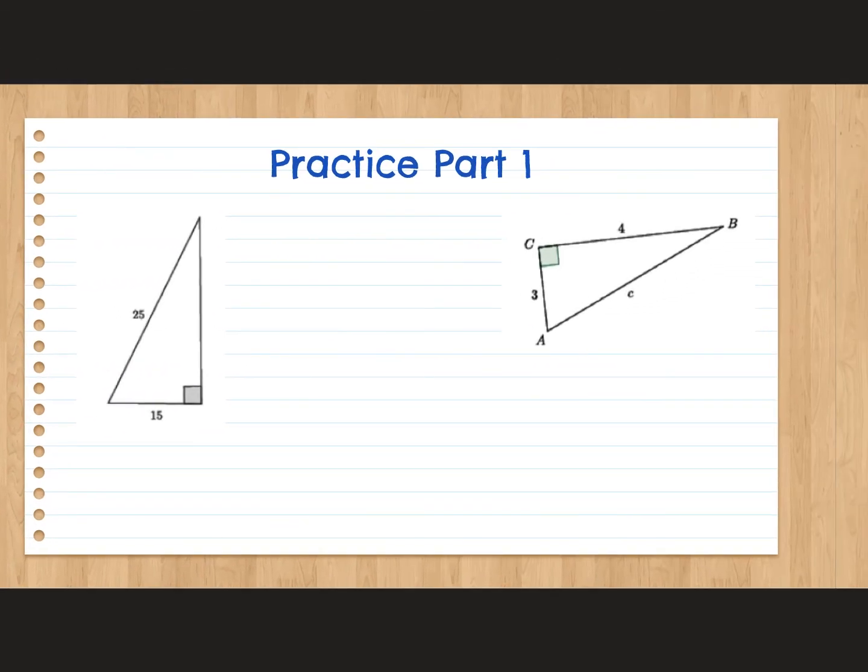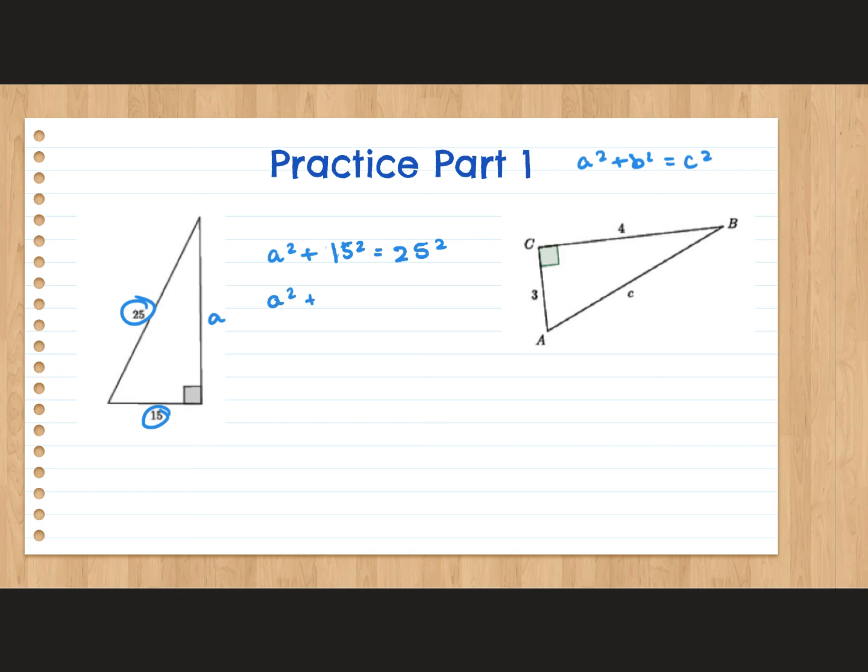All right, so it's a little mix of each of them, whether you're looking for the leg or the hypotenuse. They were mixed up a little bit. So for this example, we're given the hypotenuse, we're given a leg, and we're looking for a leg. So we have A squared plus 15 squared, oops, let's replace that B with 15, is equal to 25 squared.